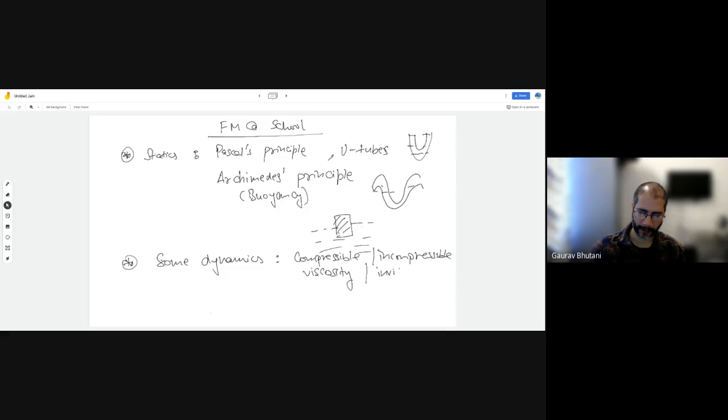Again, we'll learn these ideas further, but I just want to talk about things we already know. Then you have learned about something called steady flow. That is, nothing changes with time. If I come after 1 hour and look at the flow, then it will look extremely similar to what it was 1 hour ago.